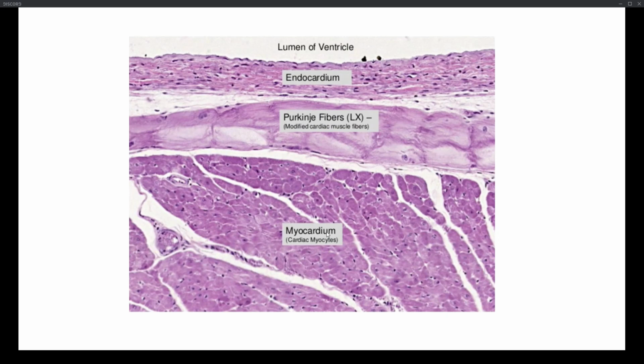Because although the myocardium or the myocytes do conduct the electricity, or rather the current as well, they are much slower than these Purkinje fibers, and it's a way to regulate what and where everything can contract at the same time. Okay.